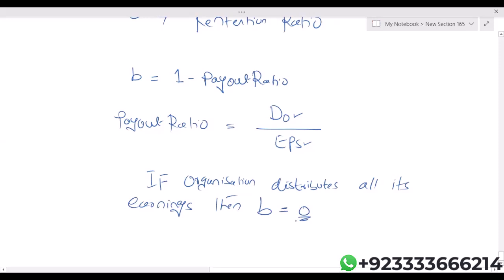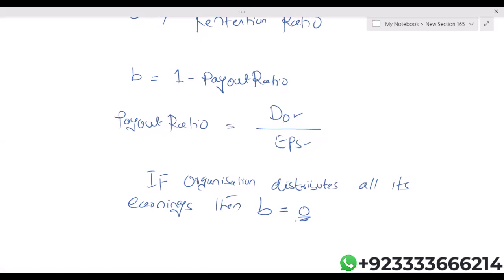Obviously, if someone is earning whatever and just spends the entire amount, there's no saving, there's no retention. If any organization distributes all of its earnings, then the retention ratio will be 0.